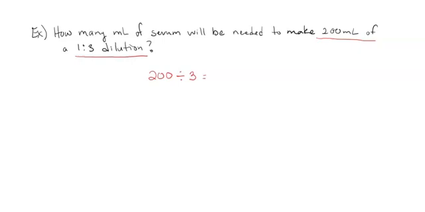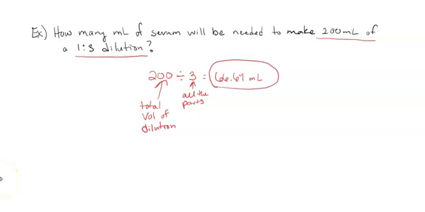The reason we can do that is because 200 represents the total volume of the dilution, and 3 represents all the parts in the dilution. So if you divide 200 by 3, you end up with 66.67 milliliters, and that will tell you how many milliliters are in each part.